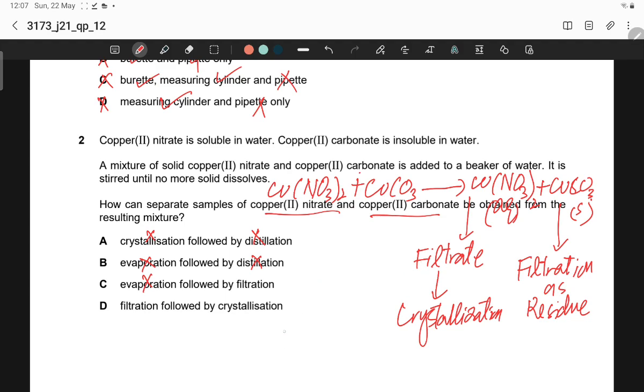We just add the water, then first filtration to remove the solid, followed by crystallization.